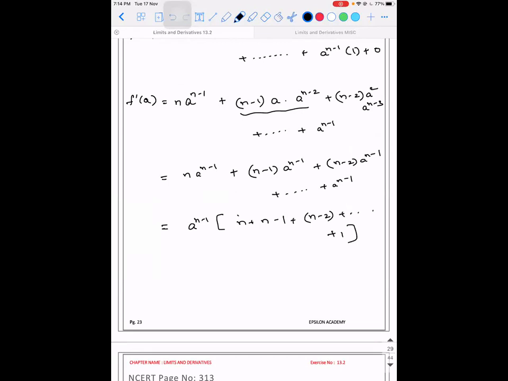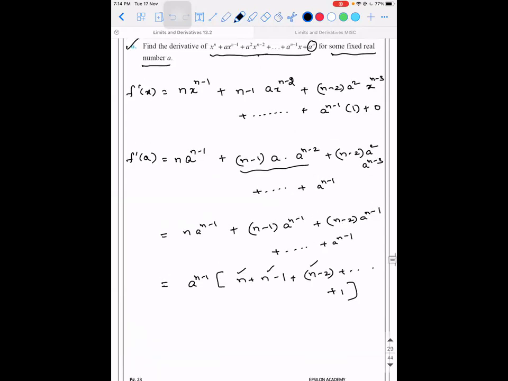Okay. So n is getting added with itself n times. By the way, I think the answer is this only, right? What have they given at the back? Can you check and tell me? Did they stop with this? Yes, sir. They stopped with that.